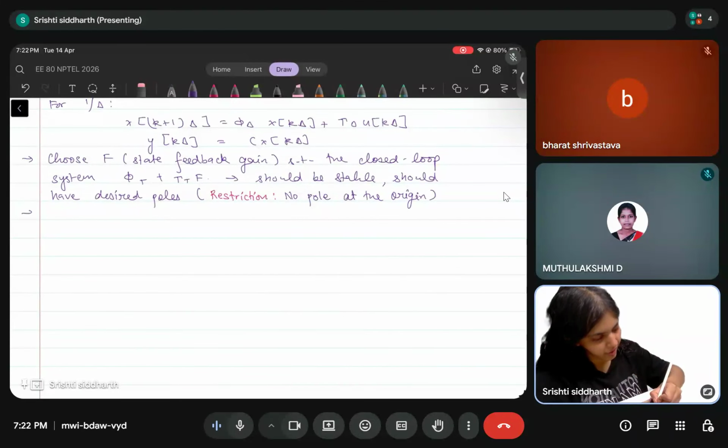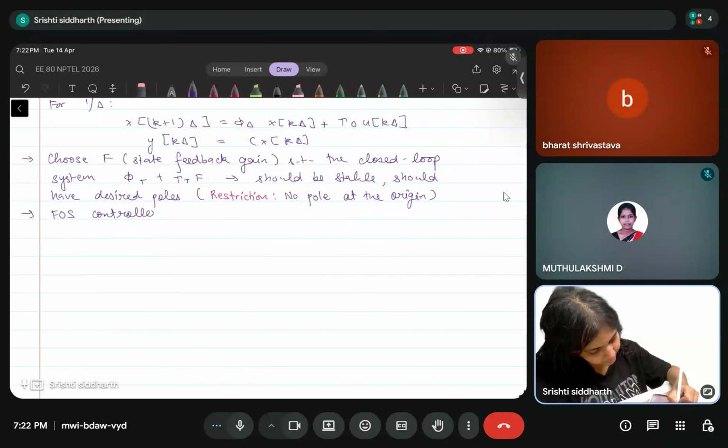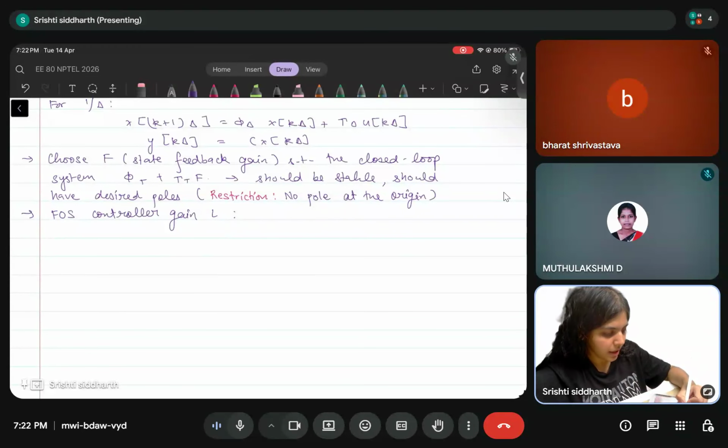So then we calculate L, right? So the controller gain is given by LC equals F. So we have chosen F. C is for the nuclear reactor.